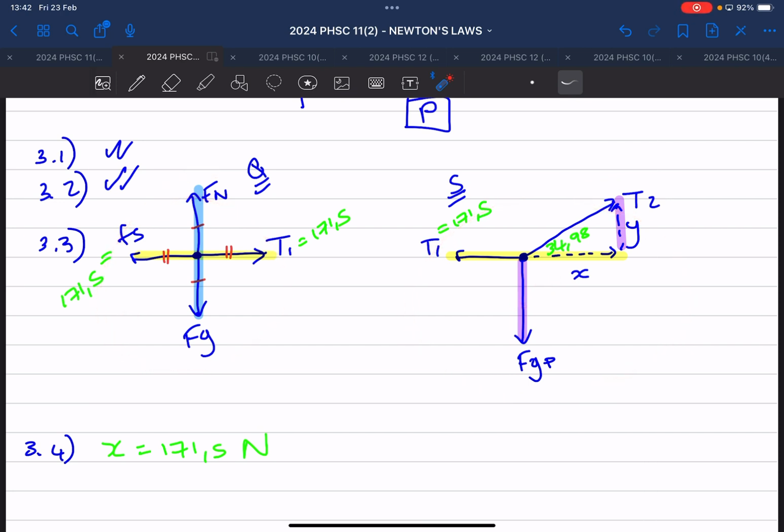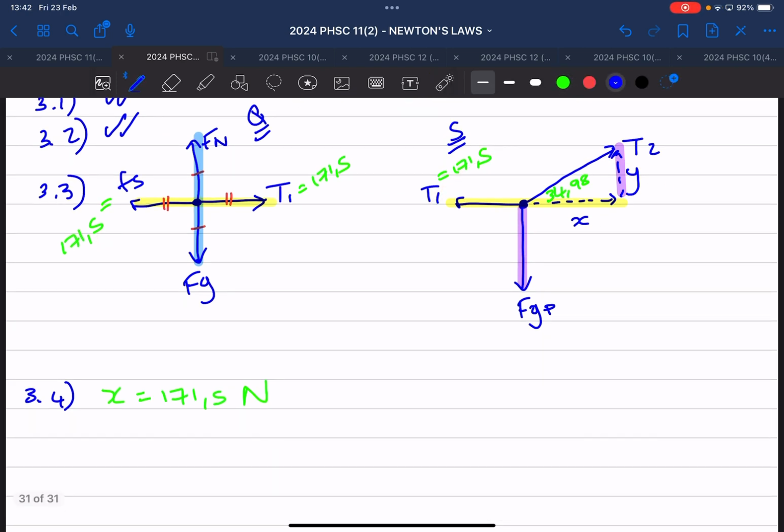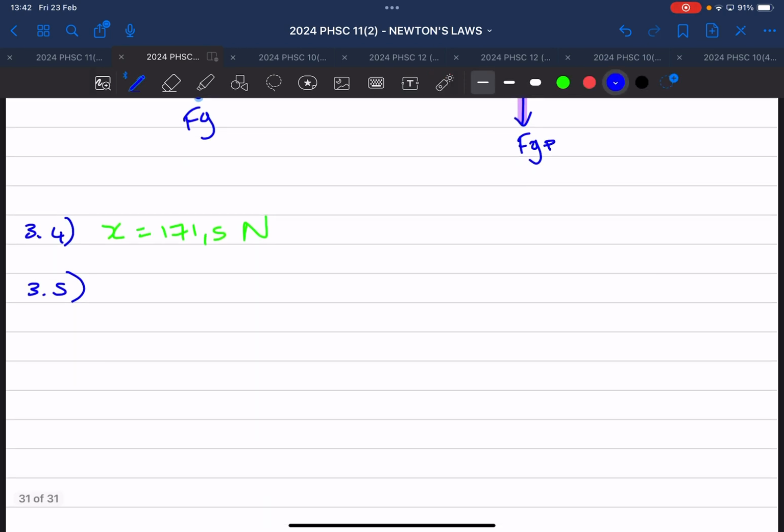Okay. Then question 3.5, they ask, what is the size of the vertical component, that one there, if the angle is 34.98? Okay, so now we have, in that triangle, this is 34.98 degrees. This X here is 171.5. We've just calculated that.